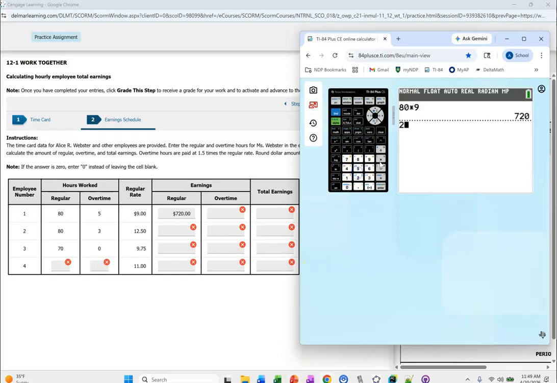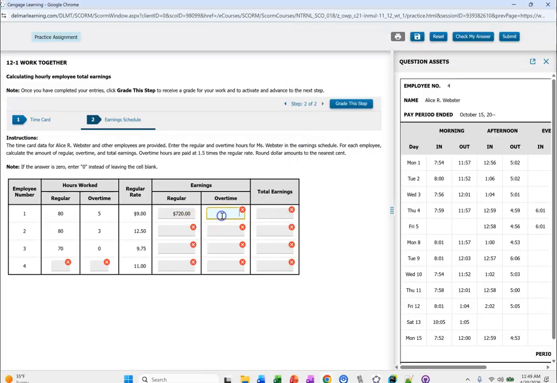So we're paying that at 1.5 times 9. Oops. Except I didn't press 5. I pressed 2. So 67.5. And if I add that up across, 787.5, and then we'll continue just kind of doing the same thing, right?